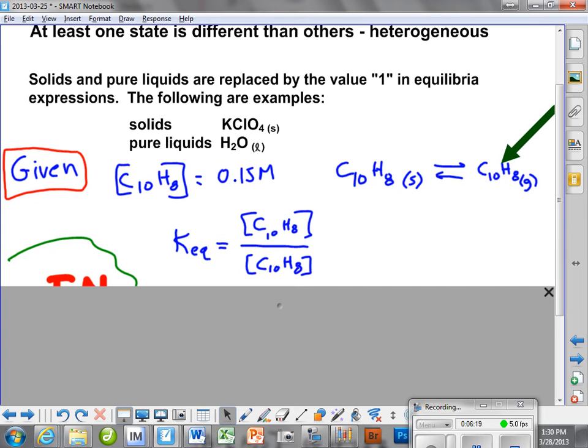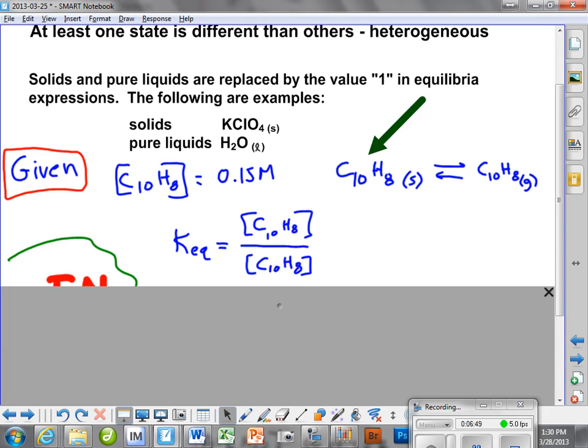And this is the same guy, but now this one is in the solid state and this one is in the gaseous state. Now, according to what we did yesterday, we would write the K equilibrium just like this, wouldn't we? That's the way I want you to do it tonight, even if you have a solid or a liquid that is part of the balanced equation, which would be represented by these two up here.